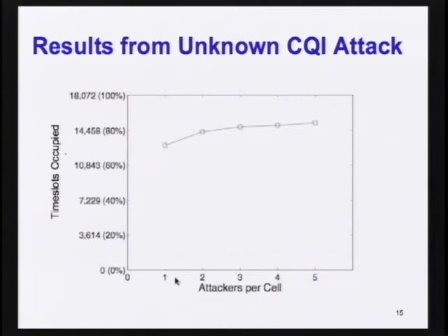If there's only one attacker in every cell of 50 users, then this one attacker can get about 75% of all the scheduling slots. Whereas if there are 5 attackers in a cell, then the attackers in total can get about 80% of all the slots in the cell.